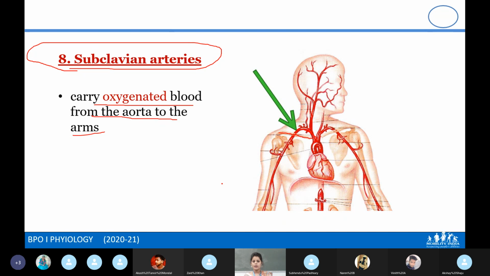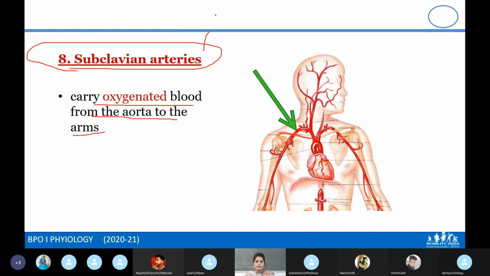Why? Because there is a main artery supplying the upper extremity. It will take extra time, but it will heal automatically. So that is one of the clinical importances. So the subclavian artery extends from the arch of aorta and supplies the upper limb.